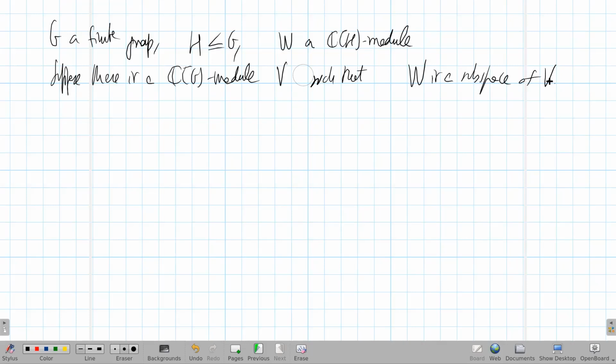And then what we can do, of course, W is a module for CH, the group algebra for the group H, but it need not be a module for CG.